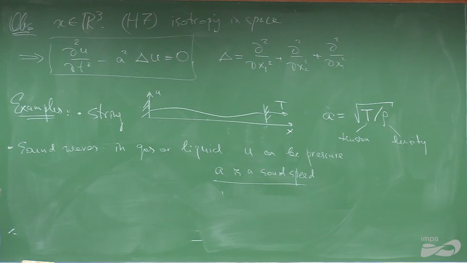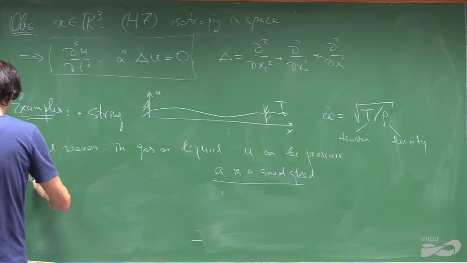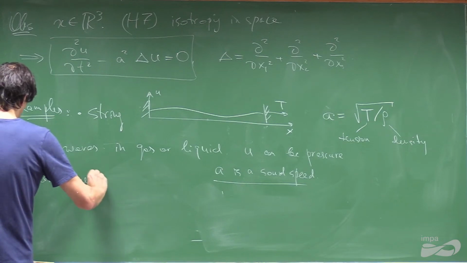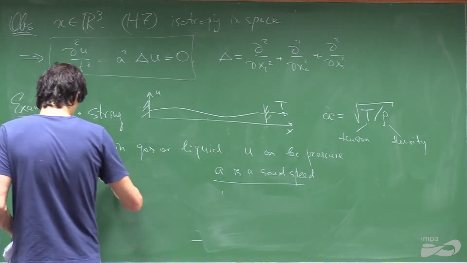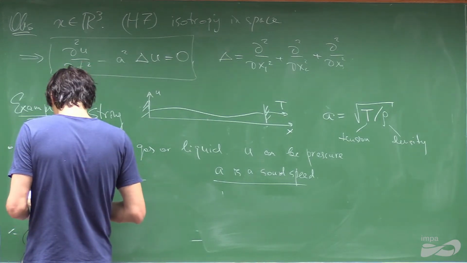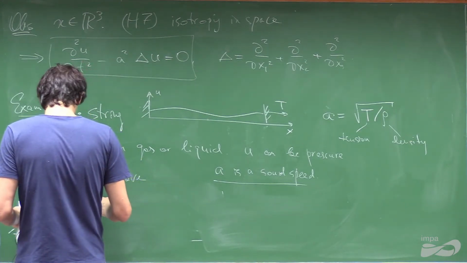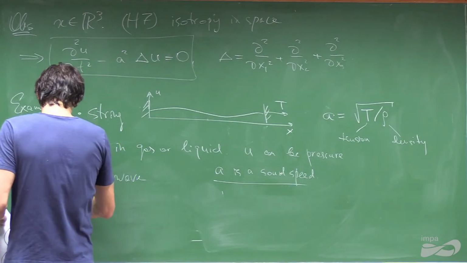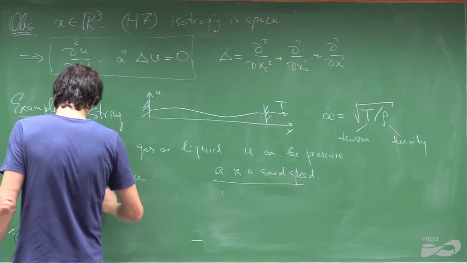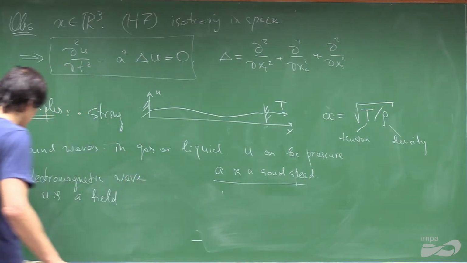Then another example is the electromagnetic wave. So here, what is u? u is, for example, the electromagnetic field.